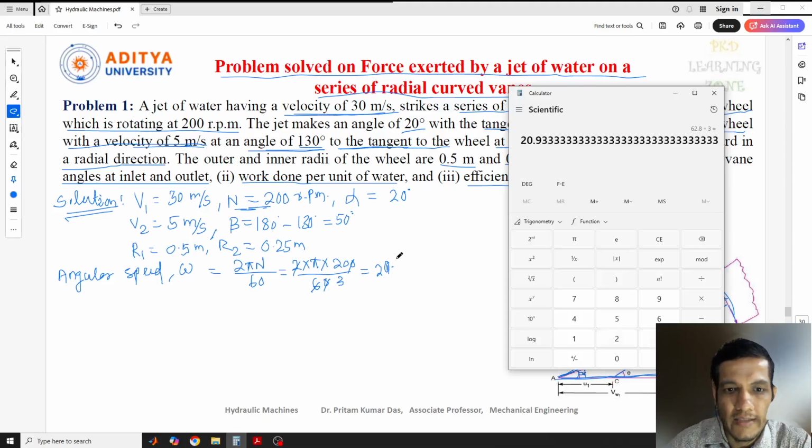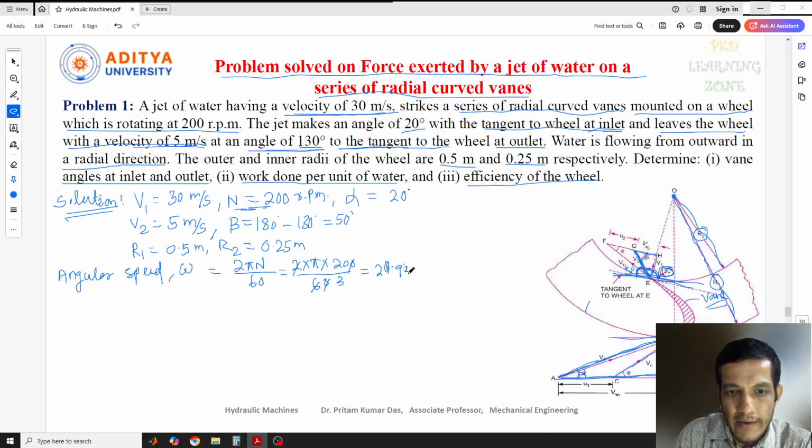So 20.93. So omega is 20.93, and the unit is radian per second.